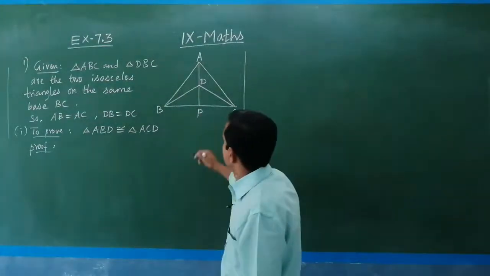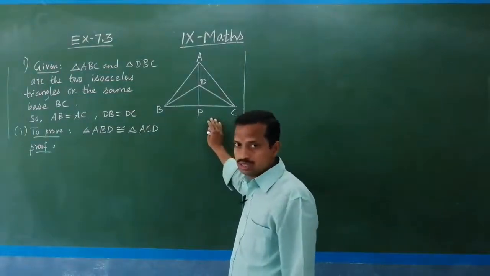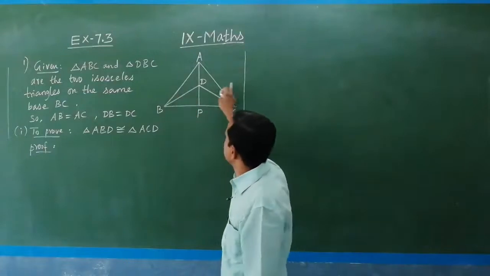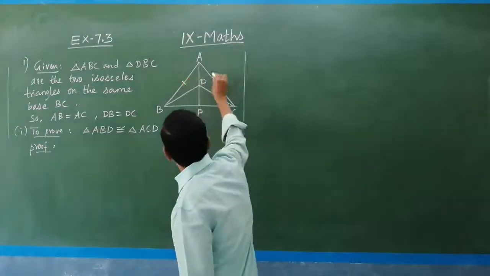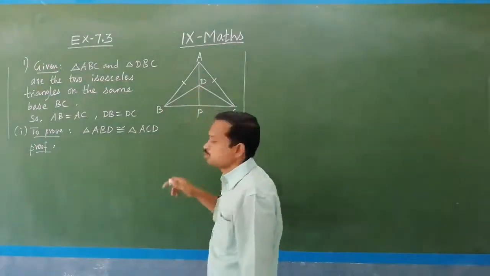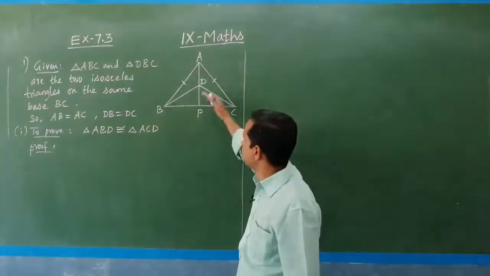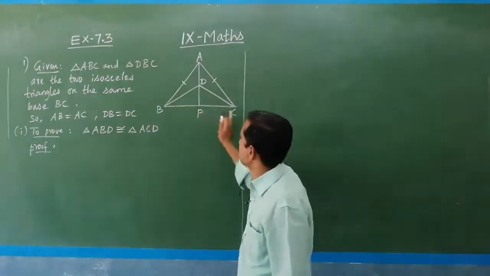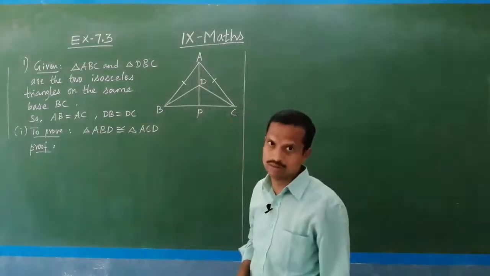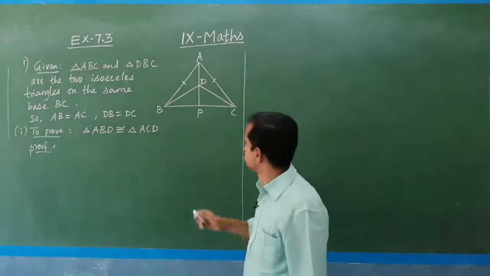7.3, first sum. A triangle is given, the diagram is in the book itself. In this triangle ABC, AB and AC, these two sides, are equal. D is a point inside the triangle above BC. BC is the common base for ABC and DBC. It is given that both are isosceles triangles.